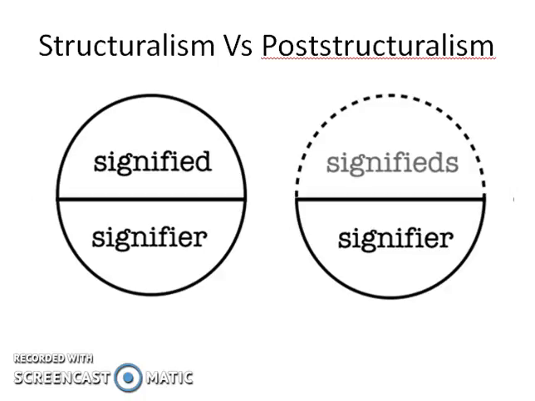For example, the word tree, either written or uttered, is a signifier, and what it signifies, the actual tree which has green leaves, is the signified. What post-structuralism says is that there isn't any signified, there are only signifiers. We actually operate in the jungle of signifiers. So signifieds are hidden in the minds of the interpreters, and in our case, in the minds of the readers.